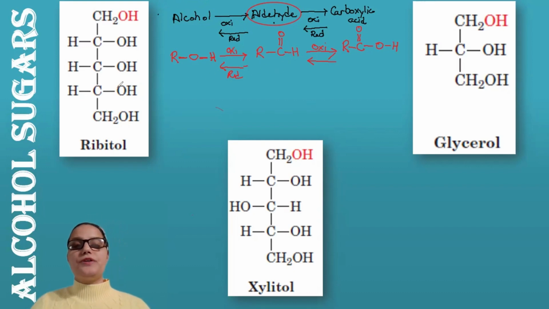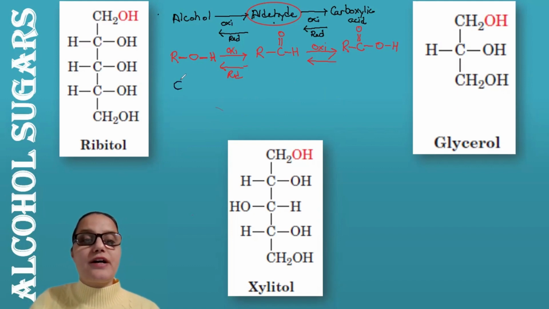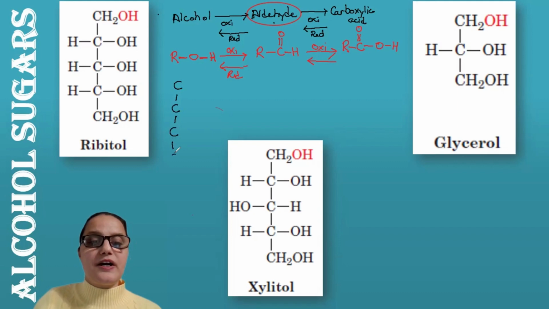First of all, this alcohol over here, which is named ribitol, is derived from the polyhydroxyaldehyde, or we can say aldose, which we know as ribose. Ribose is basically a 5-carbon compound, an aldopentose, so 5 carbons are there: 1, 2, 3, 4, 5.